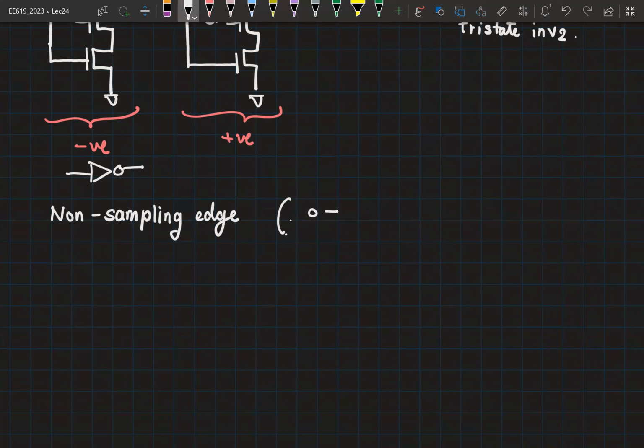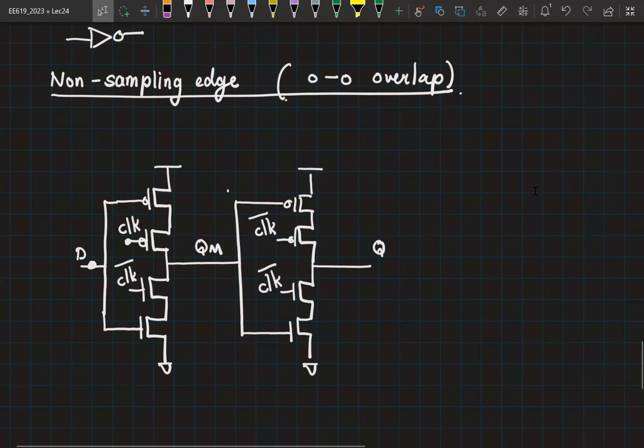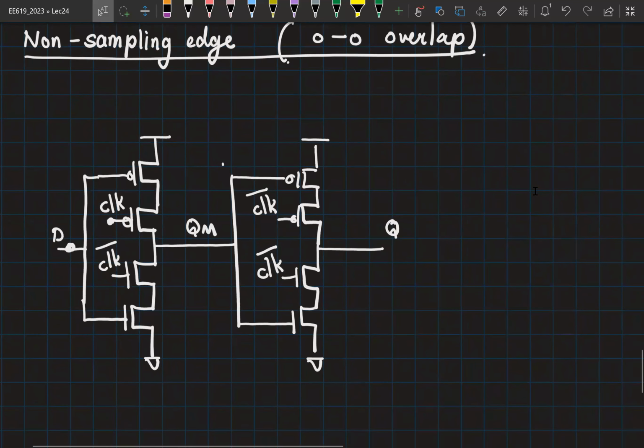This has a 0-0 overlap. So quickly tell me which of these transistors are on and which of these transistors are off. This one? What is the value of the clock bar here?